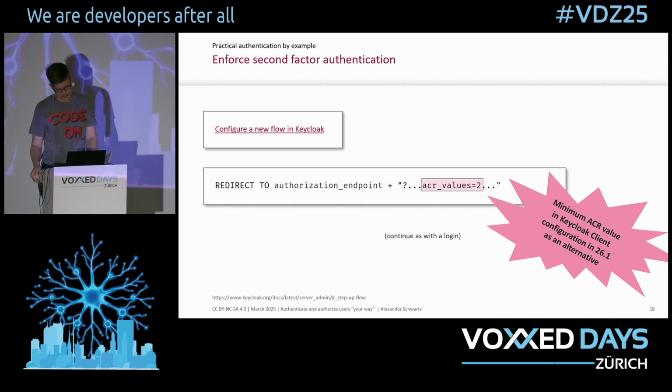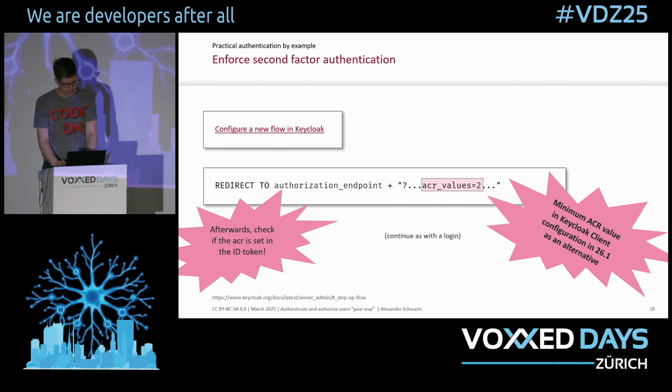So in Keycloak 26.1, there's now an alternative where you configure that in Keycloak itself, in the client configuration. Whenever somebody tries to access the application, there's no need anymore to configure that in the application, but it will be fixed, configured for this application every time somebody opens it. If you build your own application, you can really choose when and where you want to add this parameter, and when and where you require a second factor to be added to the user authentication.